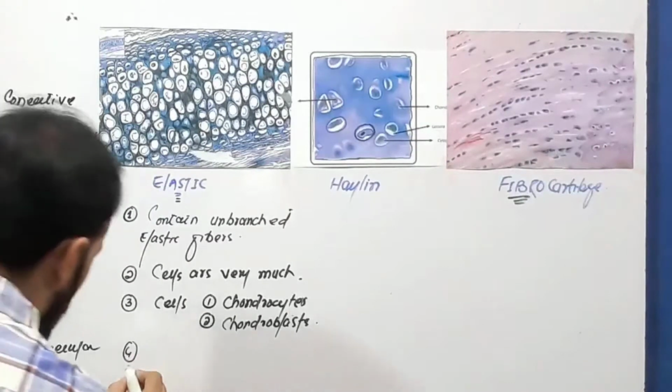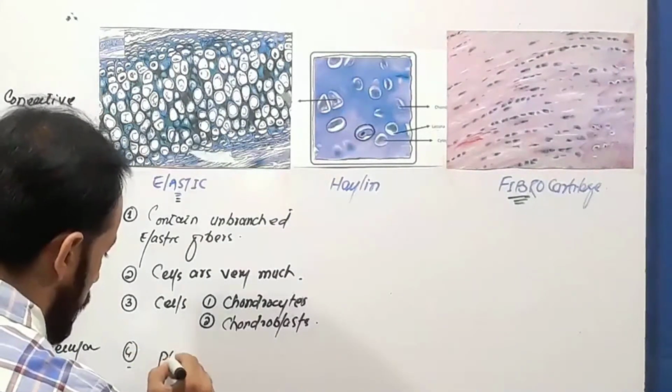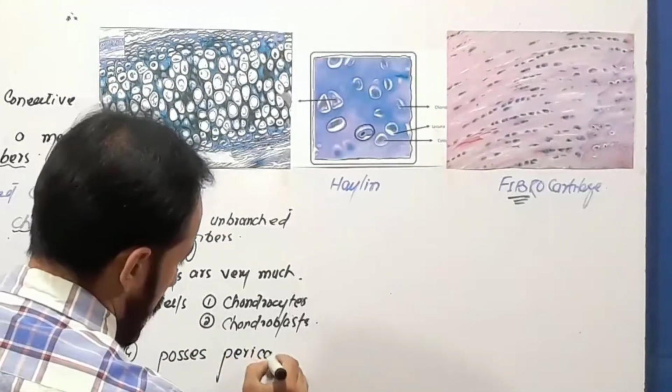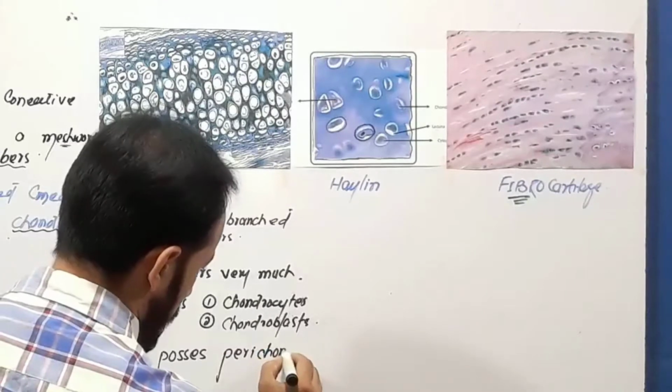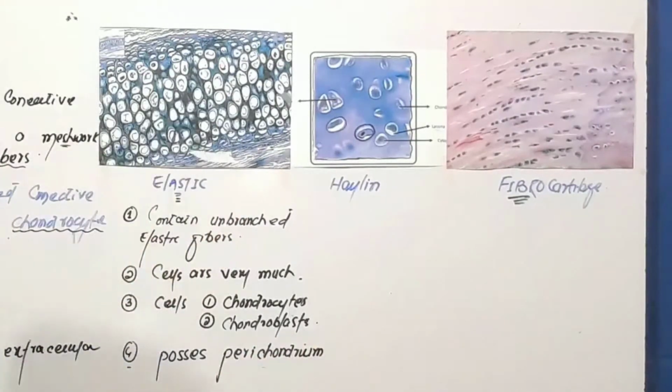Next important point is that this type of tissue contains a very special type of membrane around it, that is called perichondrium. Now look carefully, what is perichondrium?